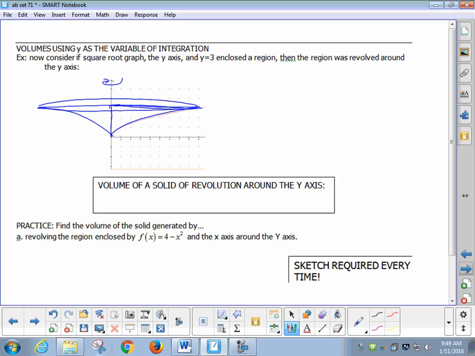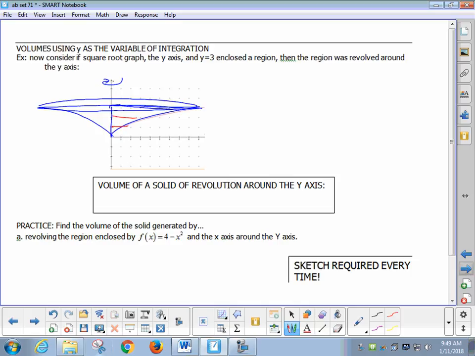All right, now, I told you that the slices should be done perpendicular to the axis of revolution. I'll talk about why that always is a little later on once we get good here. But if this is the axis of revolution run vertically, then the slices need to be run horizontally.